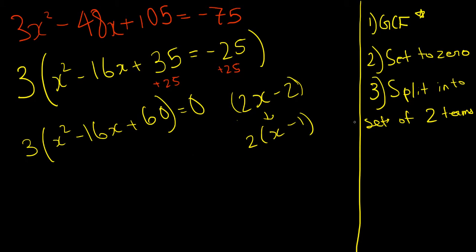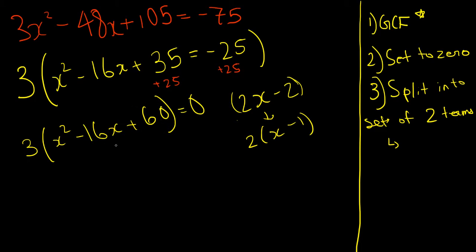Okay, so we're going to split this into sets of 2 terms. I'm just going to ignore the 3 for now. When we split, we're just going to try to make it a little bit easier.